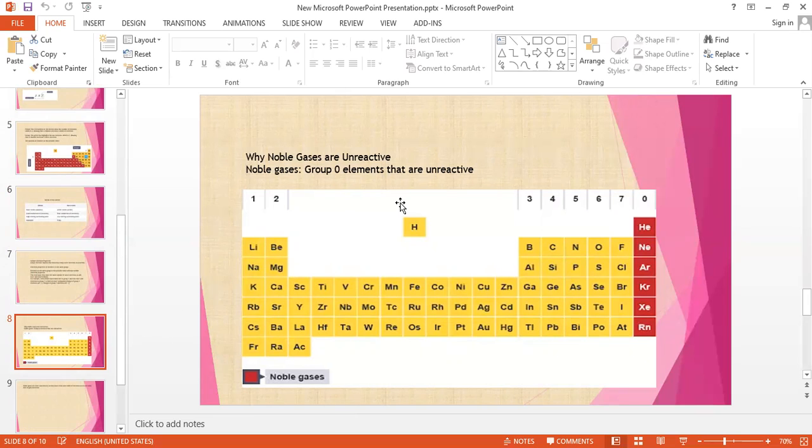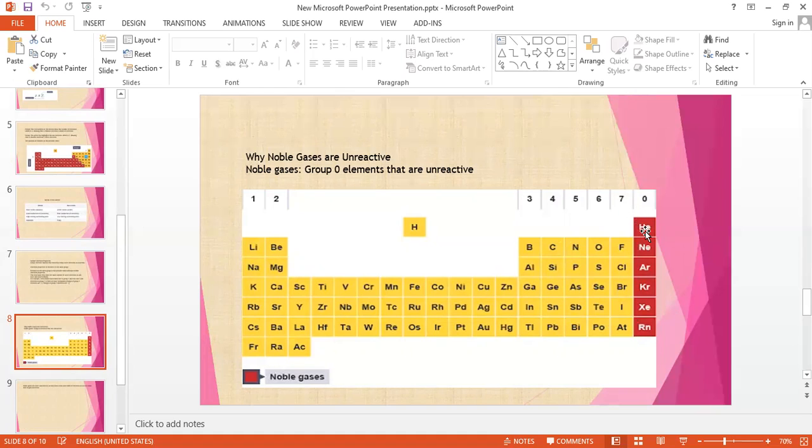These group 0 or 8 elements in the periodic table are unreactive, they do not react with other elements. That's why these elements are unreactive and they don't make any compound: helium, neon, argon, krypton, xenon and radon.